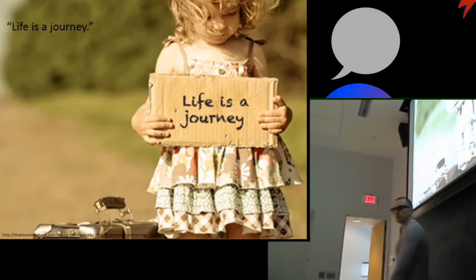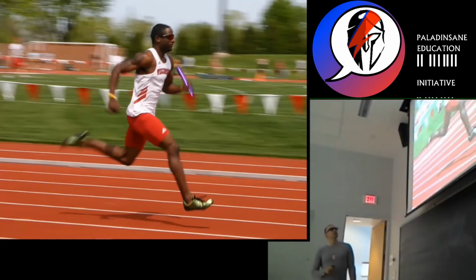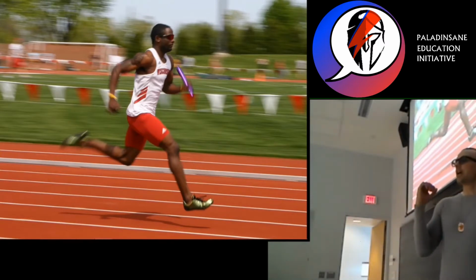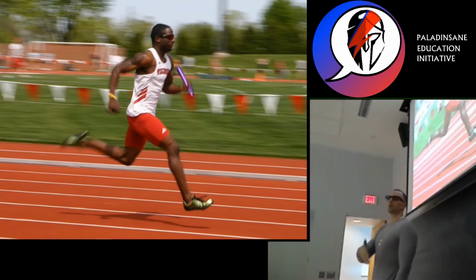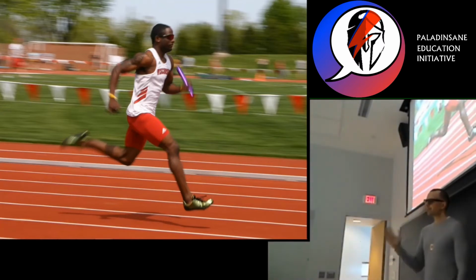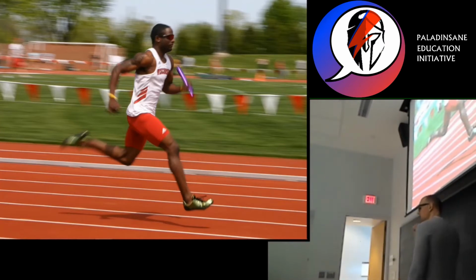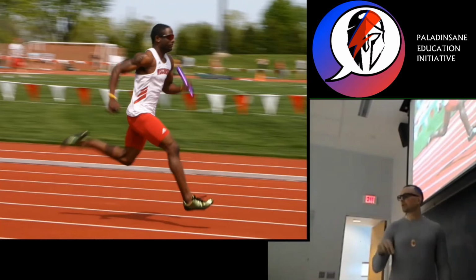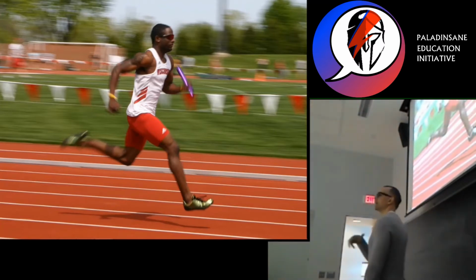An example of a literal picture would be this individual right here. This is a picture of a person running, and this is a literal picture of them. One of the ways you can identify what is literal and what is not in a picture is to identify things that actually happen in the real world when that action took place.